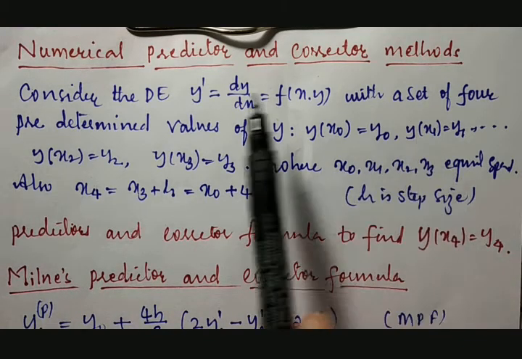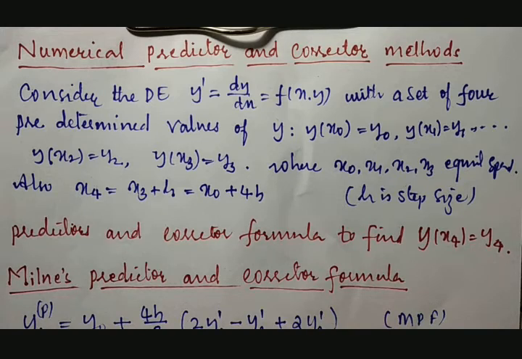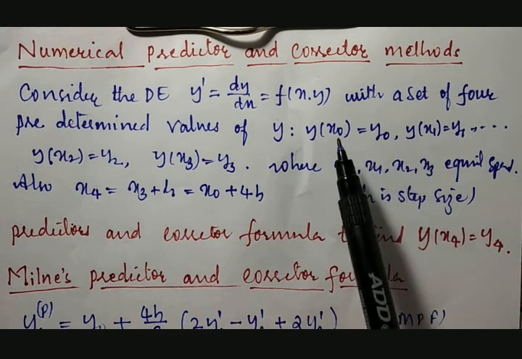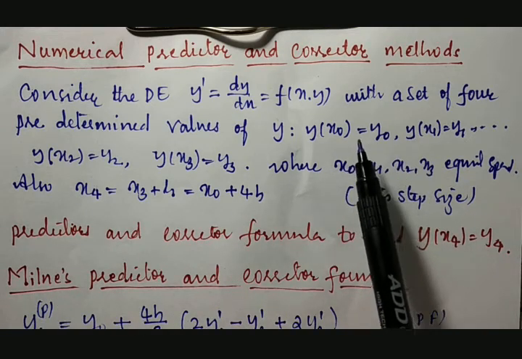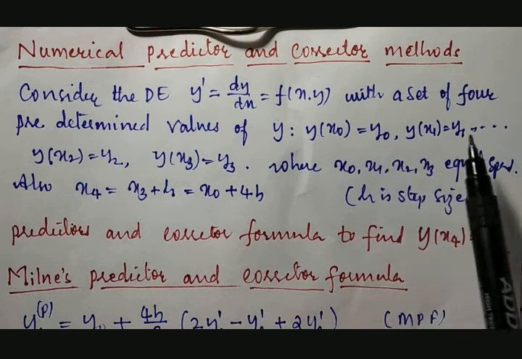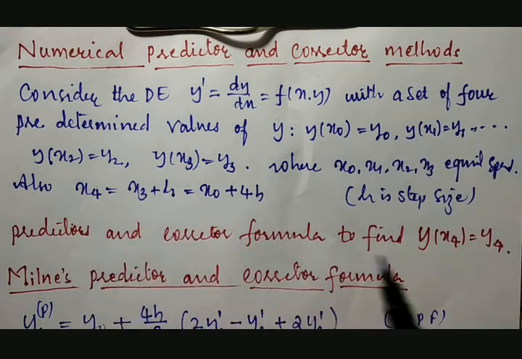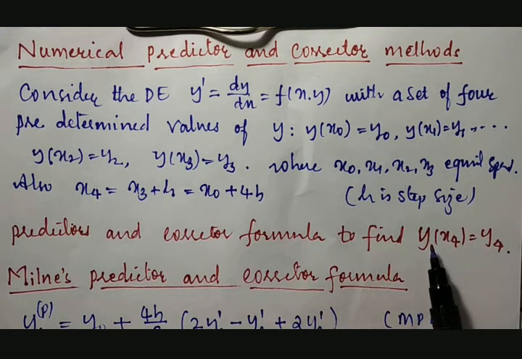Fine. In this situation, what is to be calculated? When 4 predetermined values x0, y0, y1, y2, y3 are given, then we need to calculate the value of y4. Y4 means the value of y at x4, that has to be calculated.